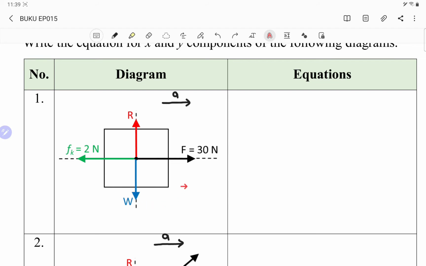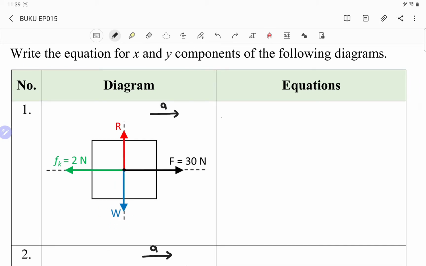Maksudnya objek ini dia bergerak ke kanan. Okay, so these vectors, semua ni yang ikut arah A akan jadi positif. Dan yang kalau untuk paksi Y, ke atas positif, ke bawah negatif. Okay, so let's write the equation for the X component.